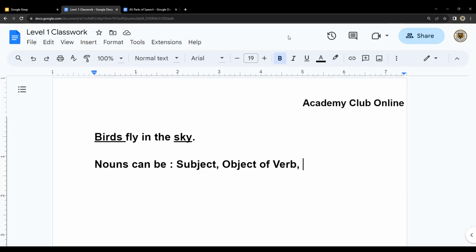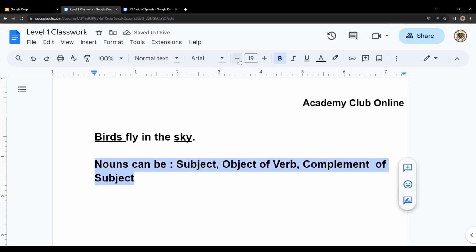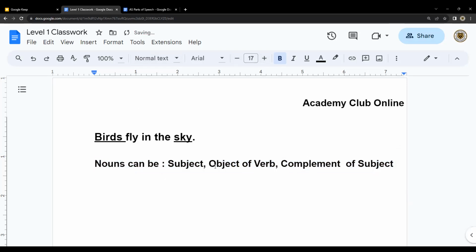Claudia, ¿qué otra cosa hemos visto? Hemos visto objetos, sujetos, verbos. Quedan dos nada más. Queda el adverbio y queda el complemento. Complemento. Yes, very good, Claudia. Complement. Que sería complement of subject. Right? So, los nouns pueden ser estas tres cosas.